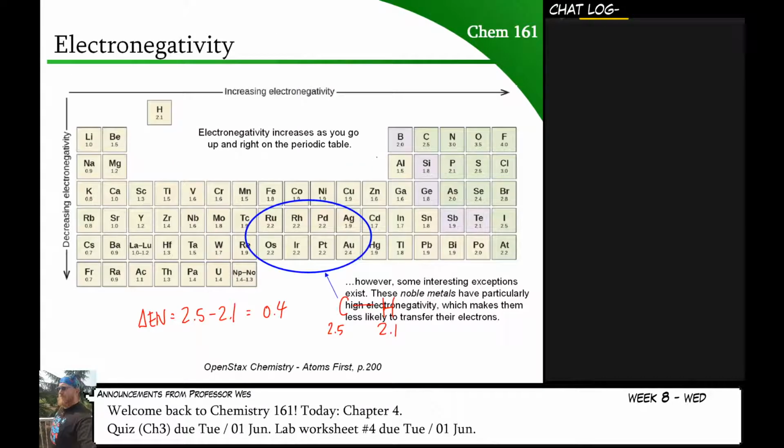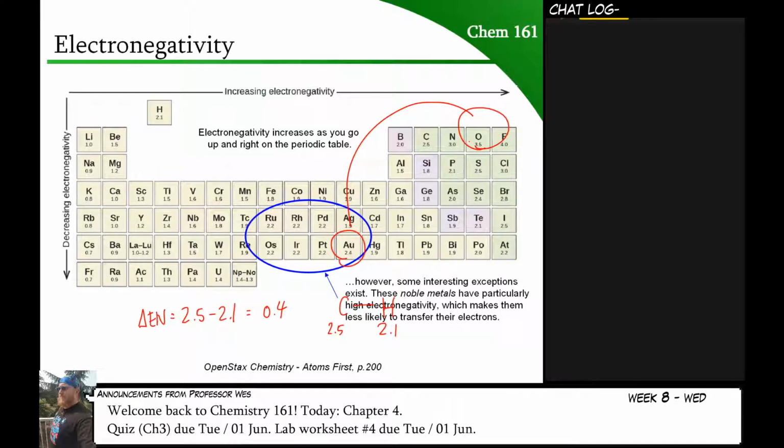So for example, if we went over here and I wanted to make a bond between gold and oxygen, you'll notice that there's no way that's going to be a difference of 1.8. And you can totally make a gold-oxygen bond.